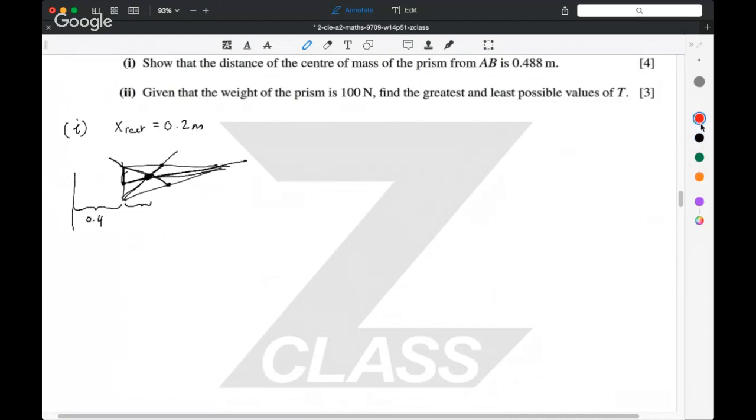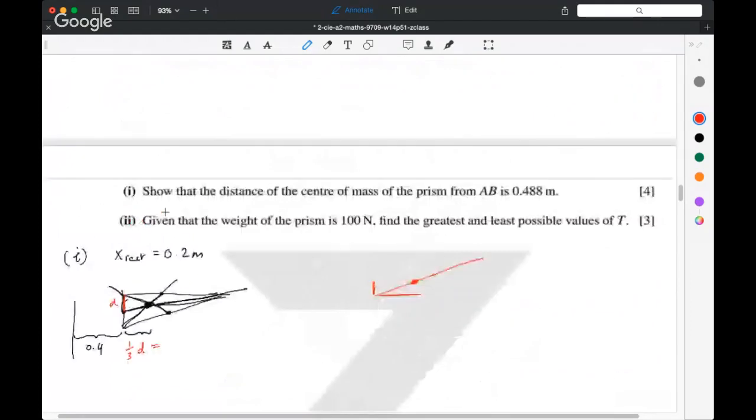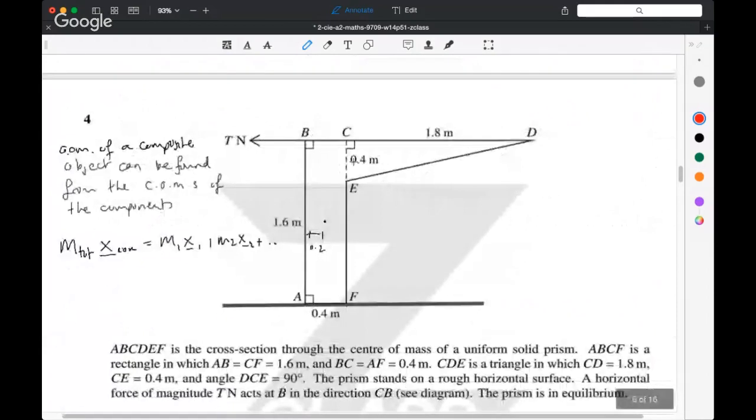Okay, I'll use another color. If we call this distance D, then this is 1/3 of D. Because if I have some random line going like that, and I'm 1/3 of the way up it, then I'm actually 1/3 of the way up the x component and 1/3 of the way along the y component. So I can just treat them separately. So now this is 1/3 D, and what is D? Well, D is half of the 0.4, which is 0.2.